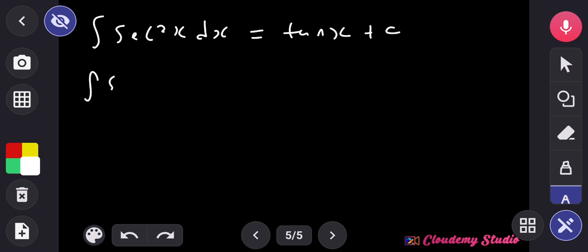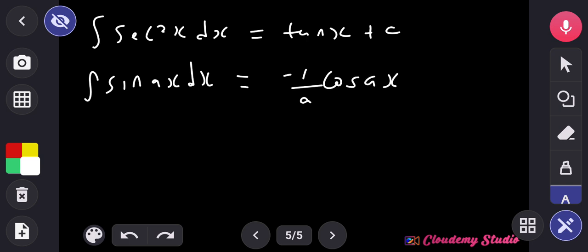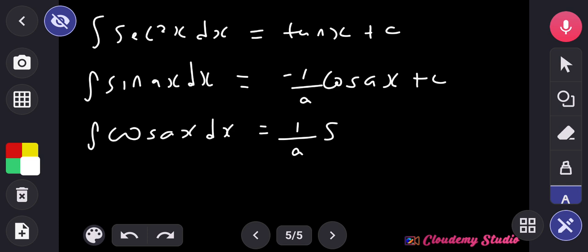The integral of sine ax dx is given as minus 1 over a cos ax plus c. The integral of cos ax dx is given as 1 over a sine ax plus c.